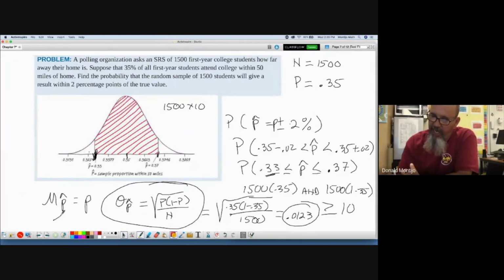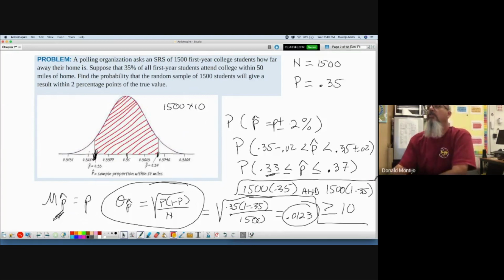The standard deviation of p hat is equal to the square root of p times 1 minus p over n, if and only if the population is at least 10 times the size of the sample. The data is normal if n times p and n times 1 minus p are both greater than or equal to 10. Yep, therefore it's normal. So again, it's just z-scores, but now we have to check a few rules to make sure that z-scores will apply.